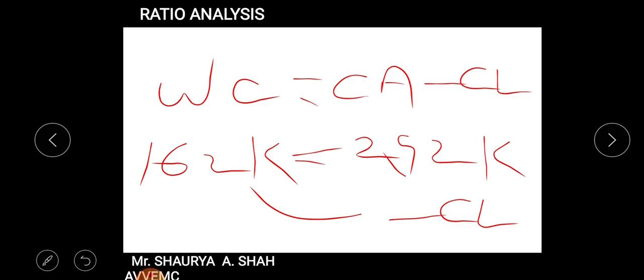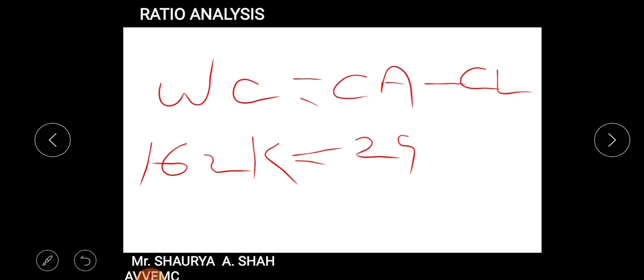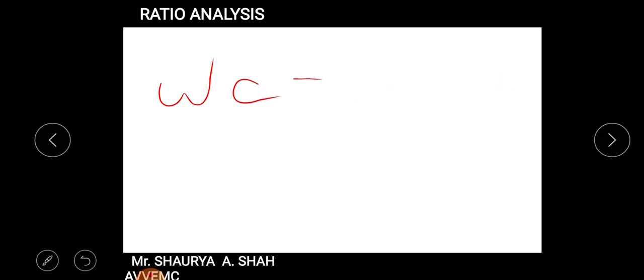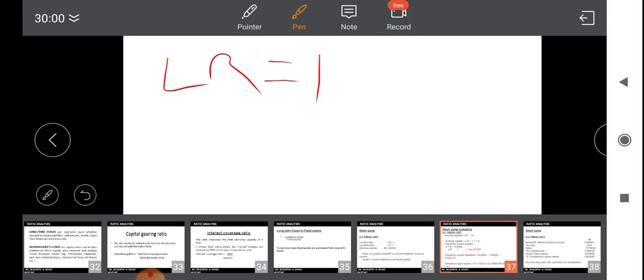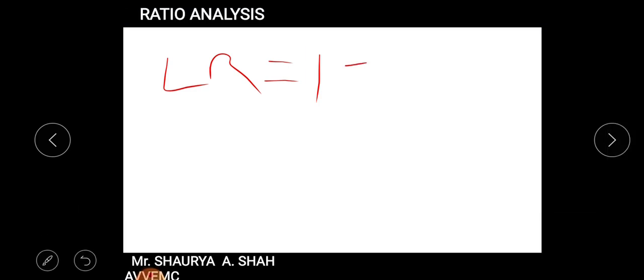Okay. Now the next thing, students, is your liquid asset. How will you be able to find it out? Liquid assets, you need to simply calculate on the basis of liquid ratio. The liquid ratio they have given in the sum is 1.5 is to 1.